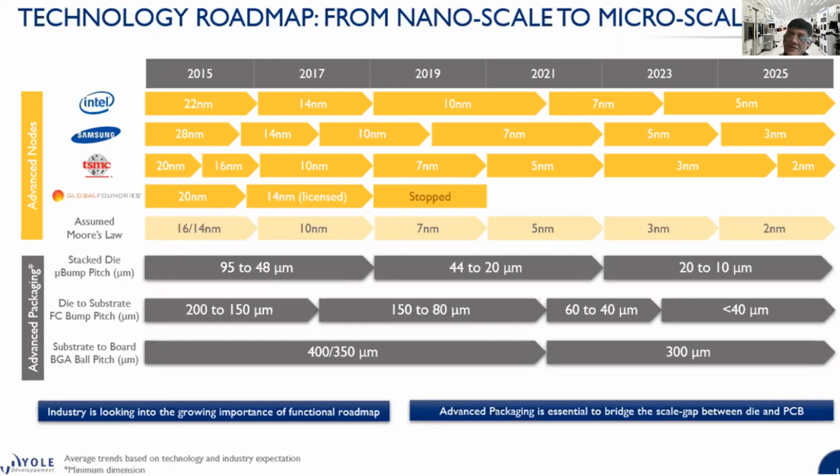And in fact, advanced packaging is pretty exciting, because it can not just give the interconnect between the lower size die and its functionalities with the real world by giving those connections between the die and the PCB, but it can also enhance some of the functionalities.